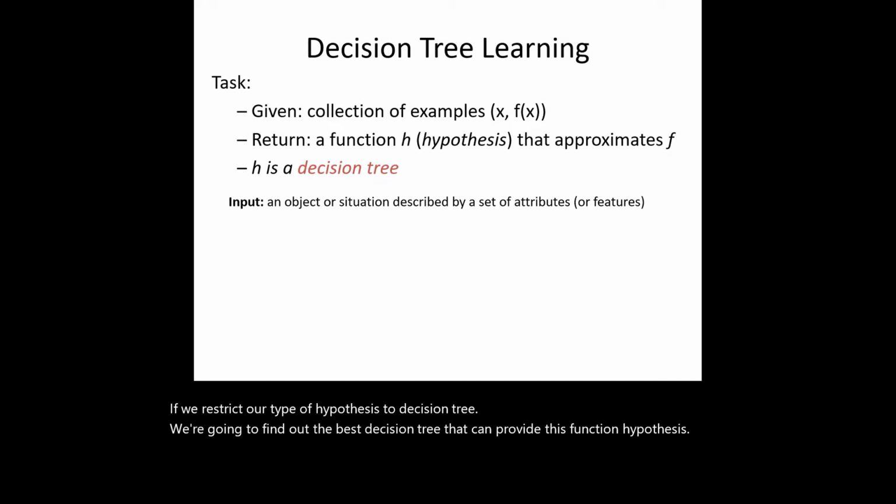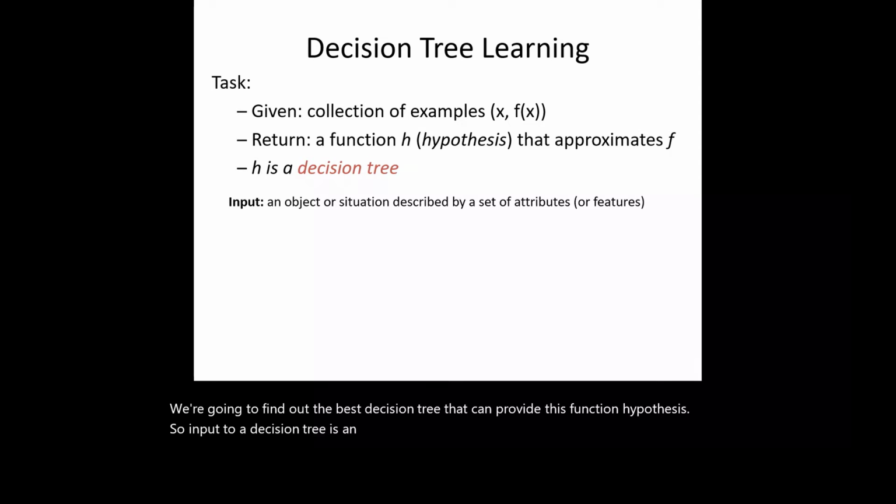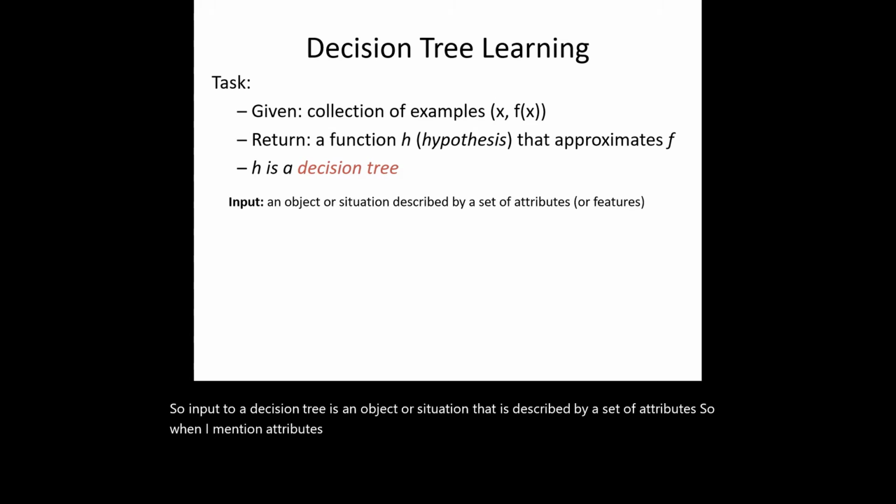So input to a decision tree is an object or situation that is described by a set of attributes. When I mention attributes, that means we are talking about structured data where we have columns and rows. Each column is an attribute.